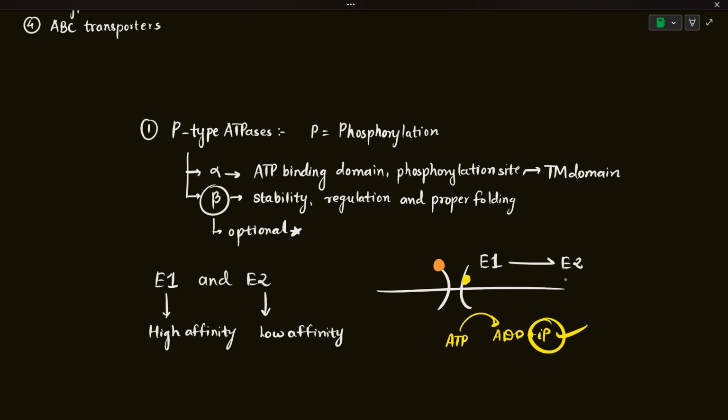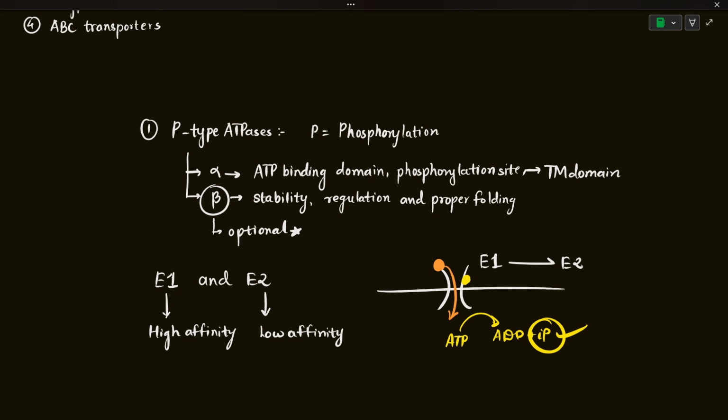Now the conformation of the ATPase is changed. E2 is a low affinity conformation. So now the ion is released to the other side of the membrane, because the E2 conformation has low affinity for the ion.